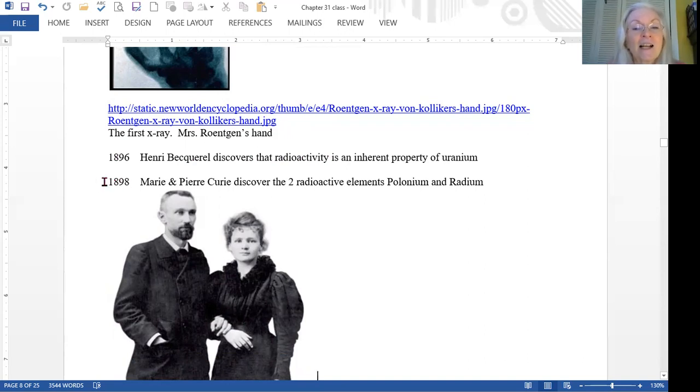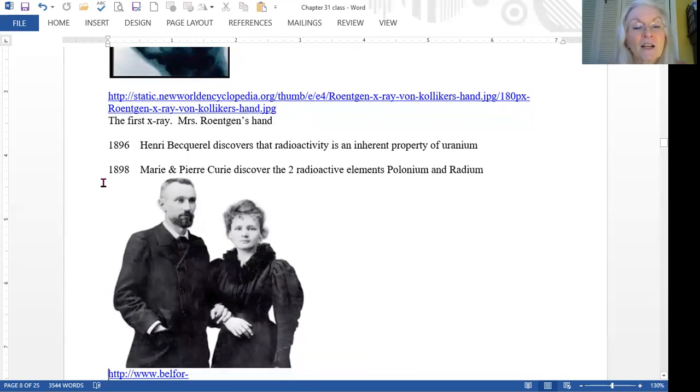In 1898, Marie and Pierre Curie discovered the elements polonium and radium. They are both radioactive. This is a photograph of the Curies, and I guess what I like about it is that they look young. Pierre died an untimely death. They didn't have traffic lights and crosswalks like we have now, and he was run over by a milk truck crossing the street.